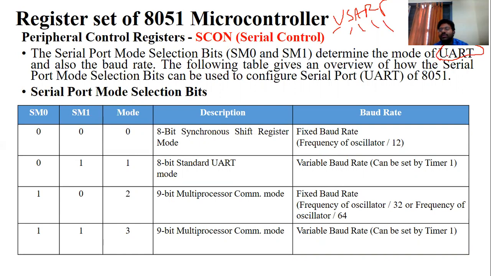That USART device is already inbuilt in the microcontroller, so serial communication is easily possible in the 8051 microcontroller. But in a microprocessor, whenever you perform serial data transfer, you must interface the USART.